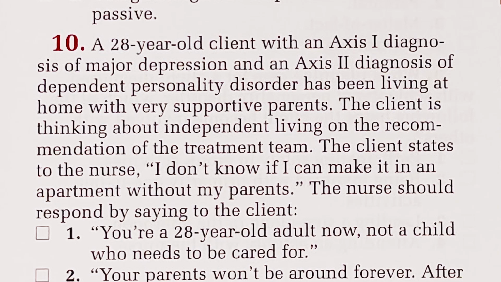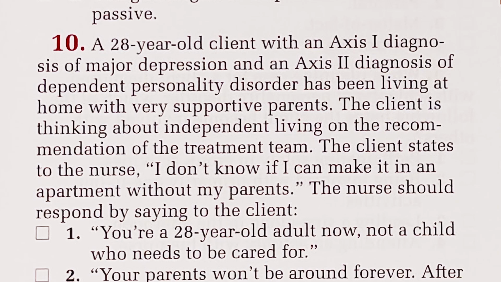Okay, 1 more. A 28-year-old client with Axis 1 diagnosis of major depression and Axis 2 diagnosis of dependent personality disorder has been living at home with very supportive parents. Does that mean enabling? The client is thinking about independent living on the recommendation of the treatment team. The client states to the nurse, "I don't know if I can make it in an apartment without my parents."